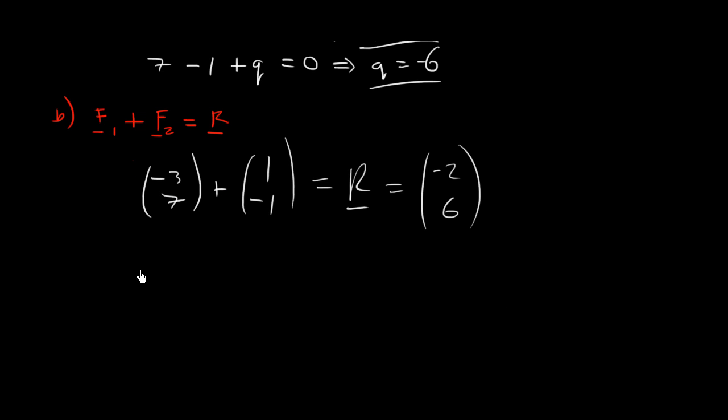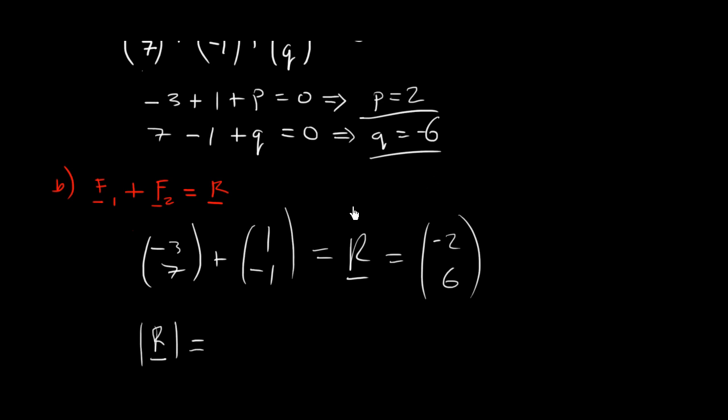So the question asks for the magnitude. How do you use the symbol for magnitude in vectors? Like that. That's the magnitude of a vector. And how do you find it? You have to use Pythagoras. This is the x coordinate and this is the y coordinate of the vector, the coefficients of the i direction and j direction, xi and yj.